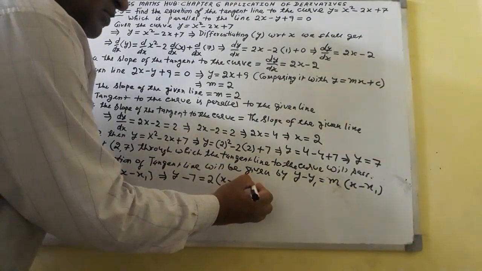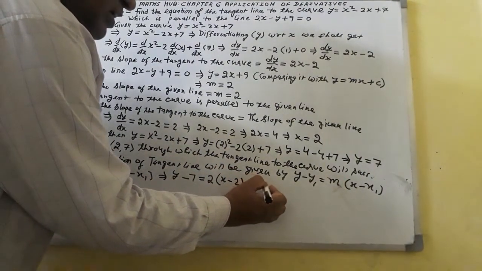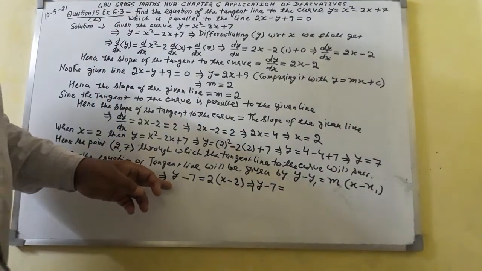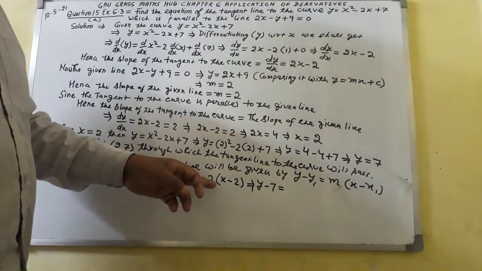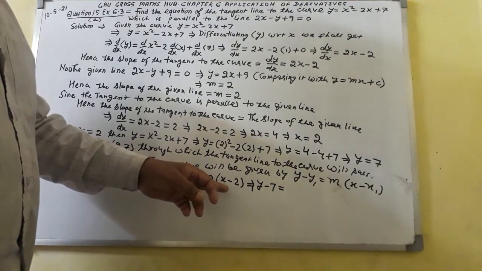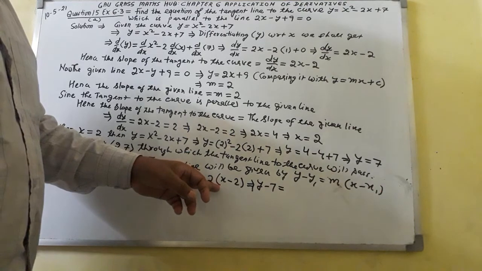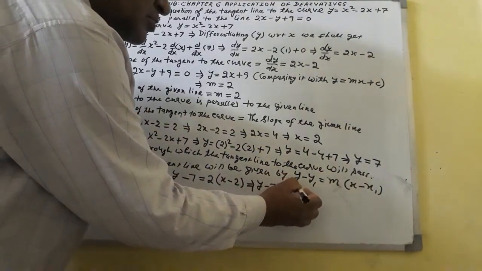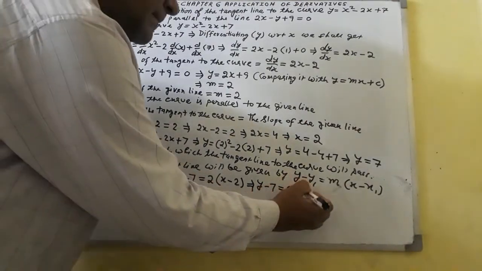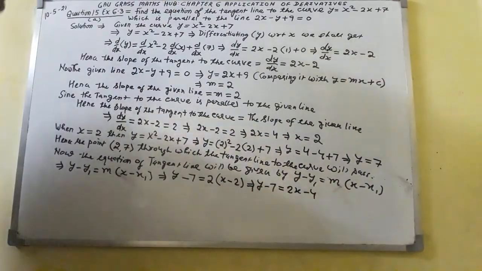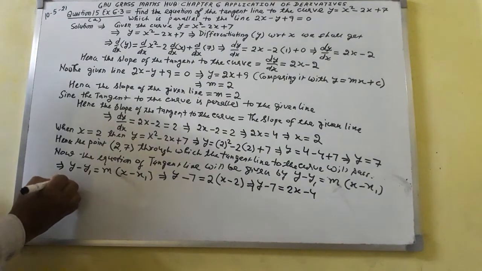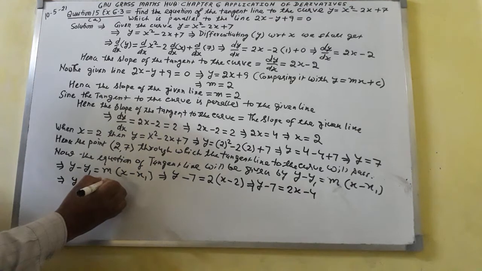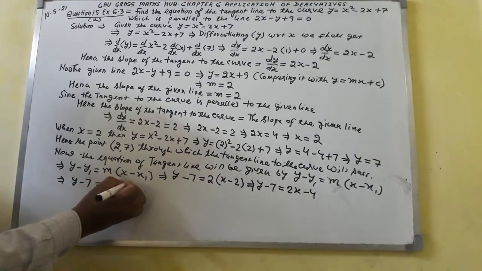Now calculate this one. So here we will get y minus 7 equal to, 2 will enter inside, circle bracket will be broken. You will get here 2x minus 4. So here again I shall write y minus 7 equal to 2x minus 4.